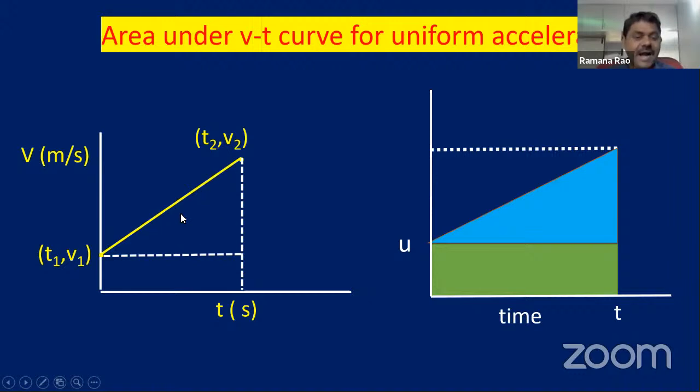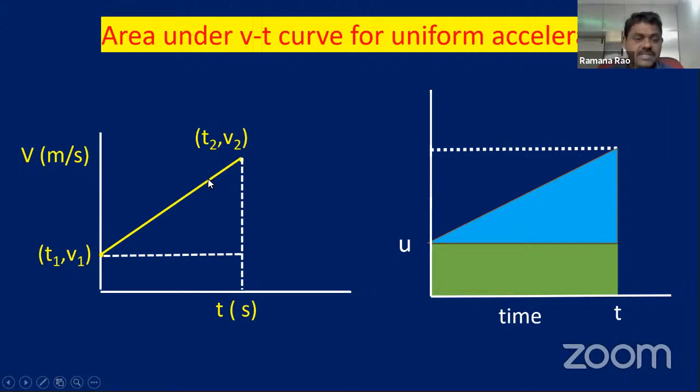So the area under velocity time graph, or the area under velocity time curve, means this area as well as this area. That is the reason why the shaded portion is one rectangle and the other a triangle. The total shaded portion under this curve, and the curve is actually a straight line here.